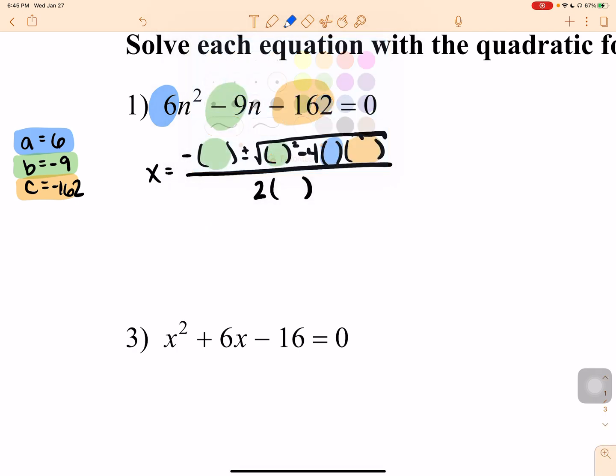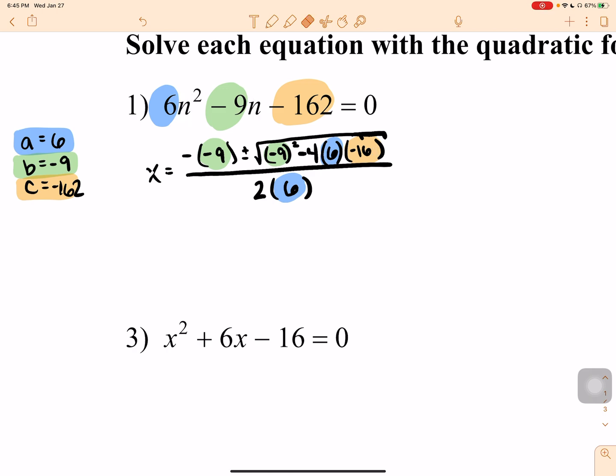So this is just the formula, and now you have to plug in your numbers. So here, if a is 6, I'm going to put a 6 into both places where my a needs to go. b is negative 9, so I'm going to put a negative 9 into both of these places. And c is negative 162. Okay? And you guys notice here that these are actually n's, and that's okay.